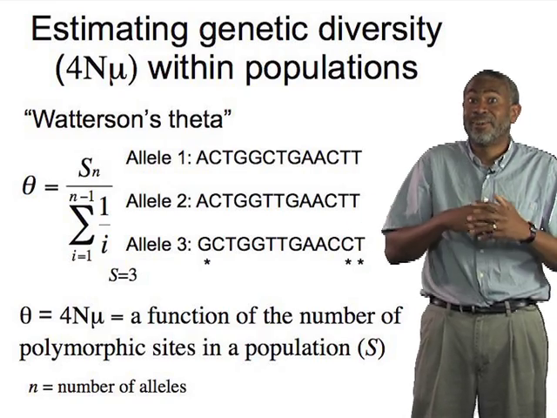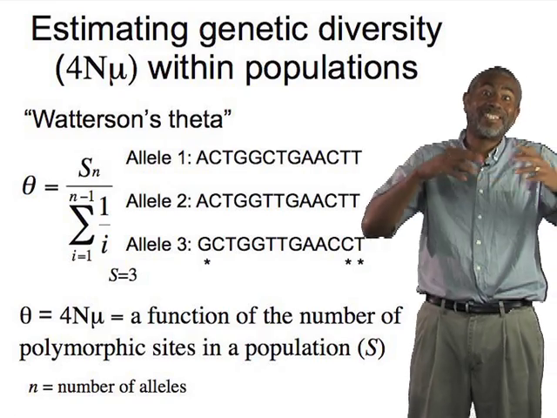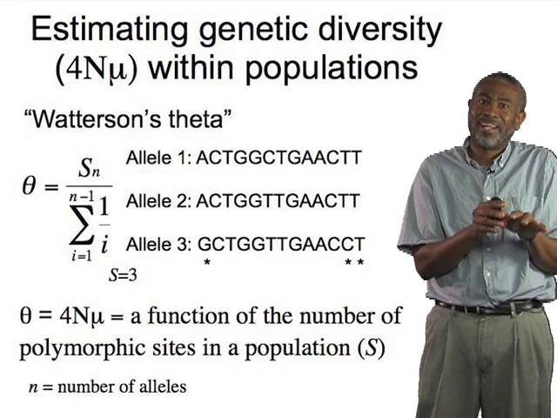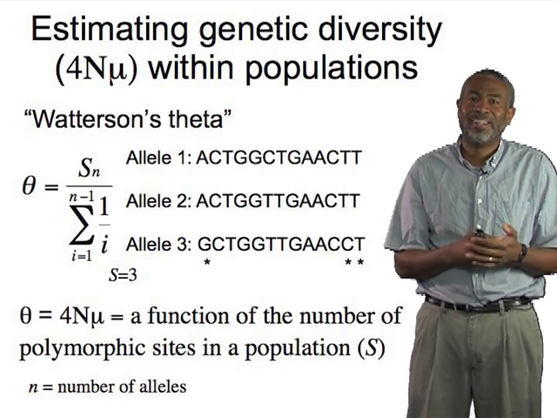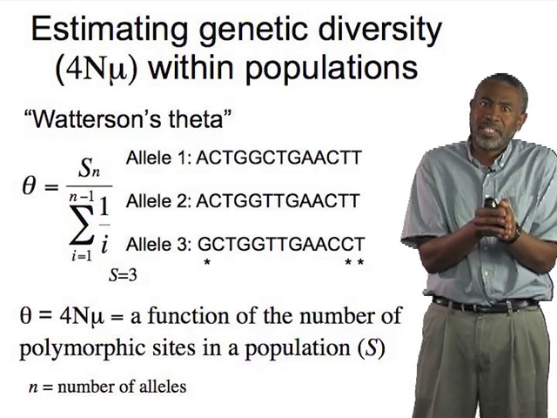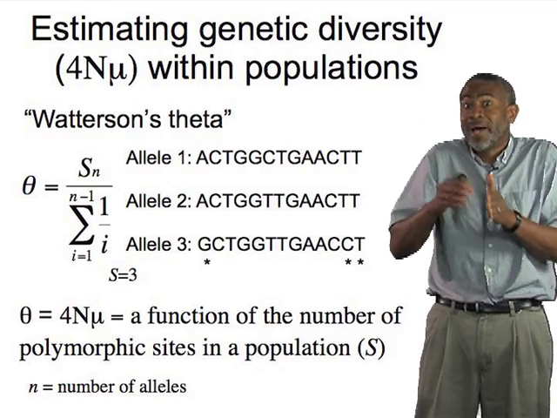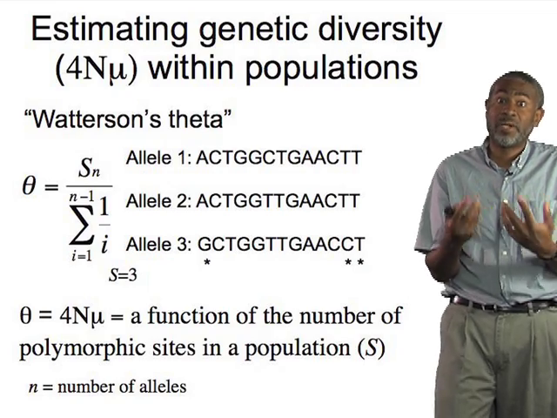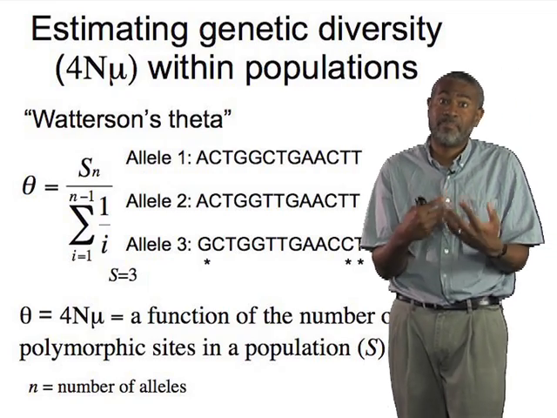Most genes under neutrality should all have the same effective population size, although we'll see some interesting differences from that later on. But the n should always be the same from gene to gene. What might differ, though, is the mutation rate. And so it's important to remember that theta is always a gene-specific measurement.